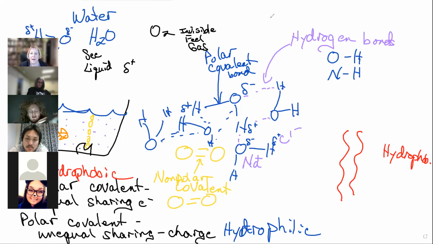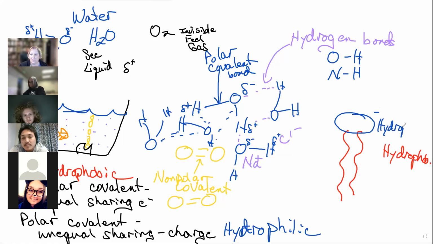Whereas on the other side, it has a bunch of polar bonds, so that we've got a bit of a charge. In this example, it's negative. So it would have a hydrophilic end. For this type of molecule, because it's got a part that's hydrophilic and a part that's hydrophobic, we call this amphipathic.